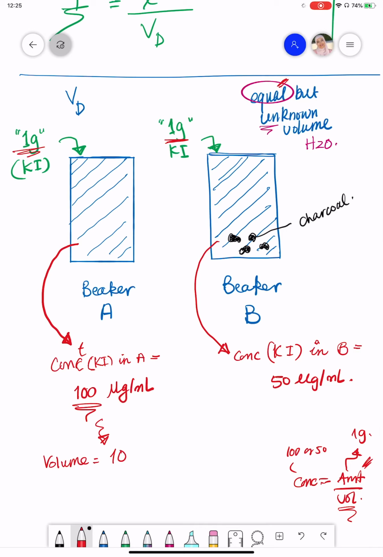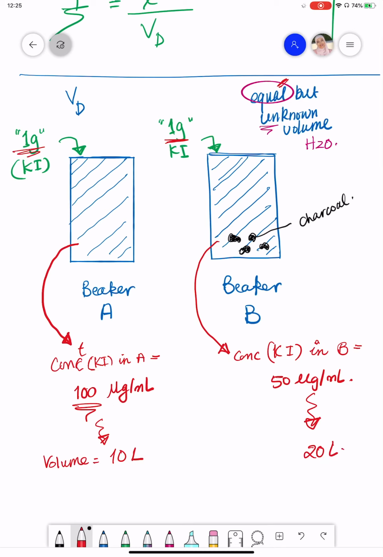If you do the back calculation, you will have 10 liter here, and here you will have 20 liter.